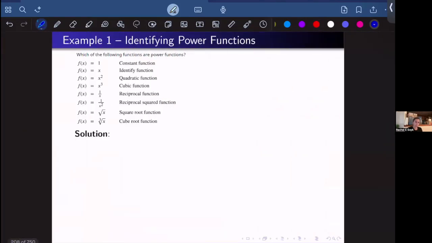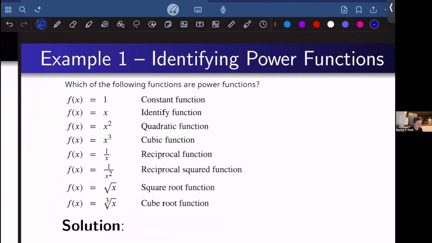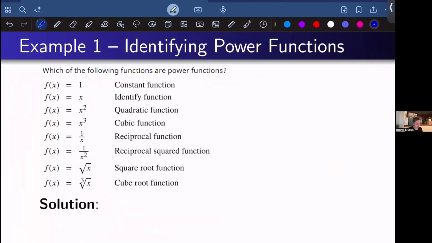So let's look at our first example, and we're asked which of the following functions here are power functions. 1 is the same as just x to the 0, and is it in the k times x to the p form? It is indeed, so we have a power function here. f of x is equal to x to the first. We also have another power function, x squared, that is quite straightforward, as well as x cubed.